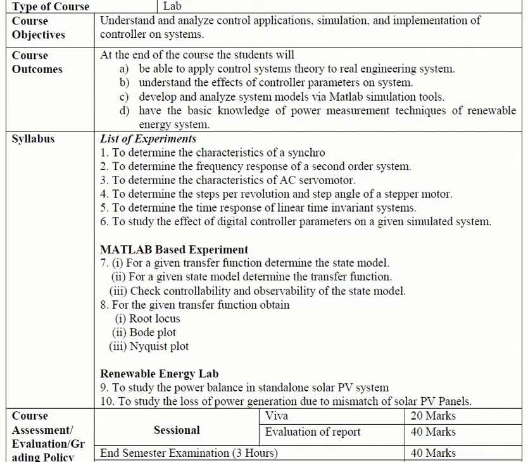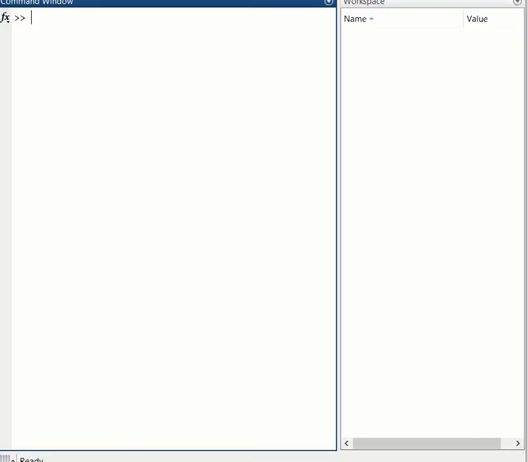So let us first try to understand the first part, and let me open the MATLAB window. As you can see here, this is the MATLAB software that I'm using, and on the left side is the command window. On the right side we'll have the variables which are being executed in the command window and saved in the workspace.